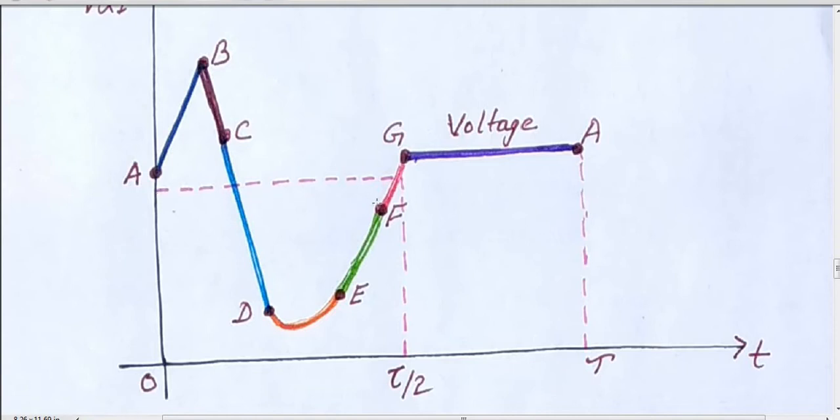From this point F to this point G, the diode charges up again like a fixed capacitor. So here from F to G, the diode is again going to charge. At point G, the diode current goes to 0 for half a period, and the voltage remains constant.